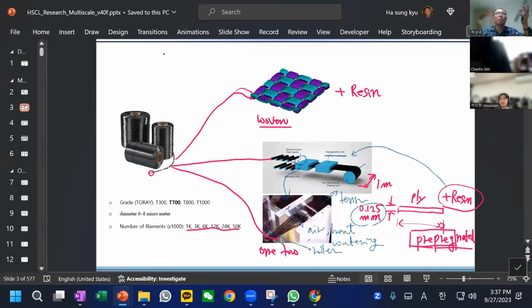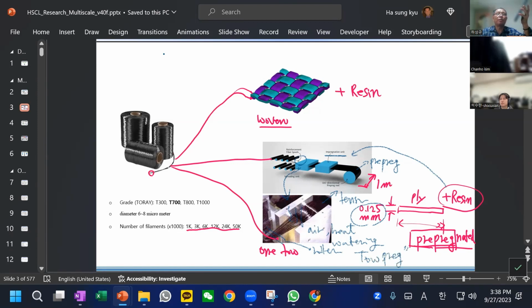So this is already the prepreg process, and this is just the one step over here. And this is also important. Why? This can be a method to produce the toe preg.